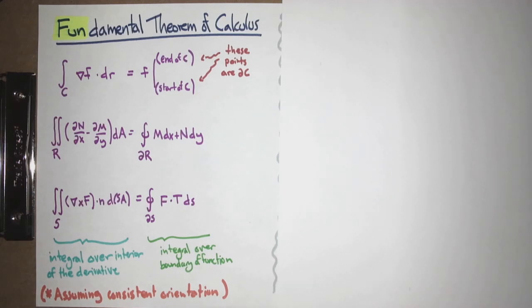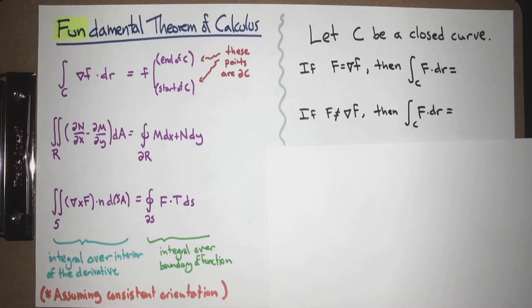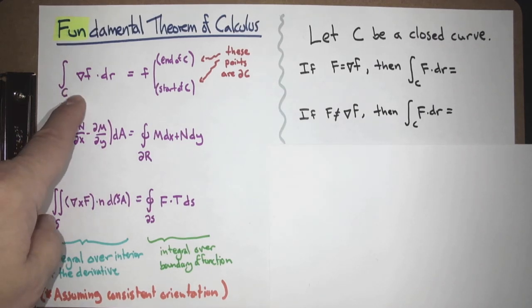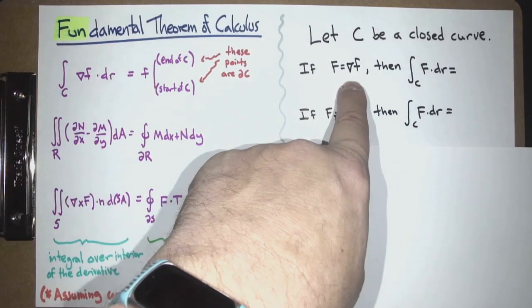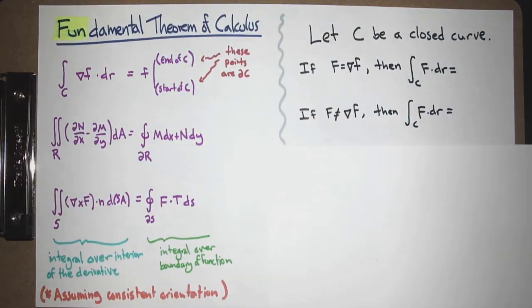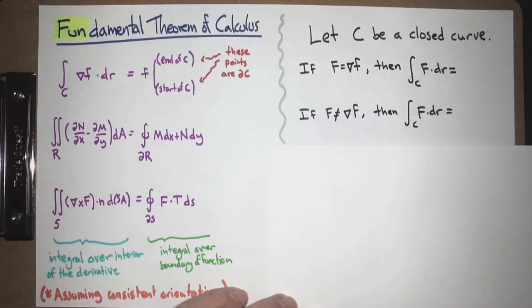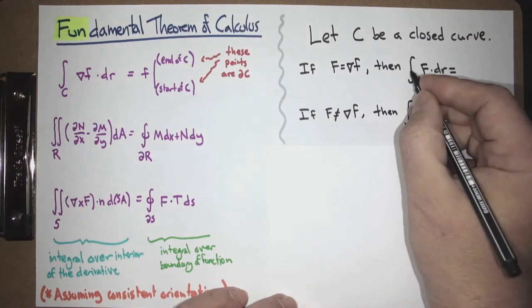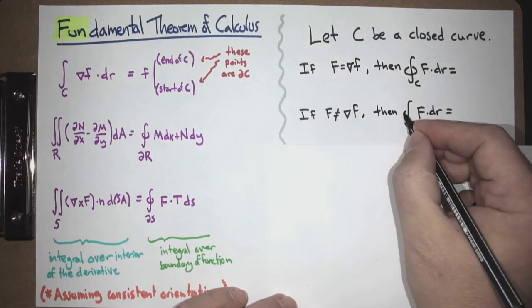Now, if you remember a while back, how did we sort of motivate our Green's theorem? We said, well, suppose you have a closed curve. If we have F equals gradient of f, and we have a closed curve, so in other words, we have something like this, the integral of F dot dr equals what?